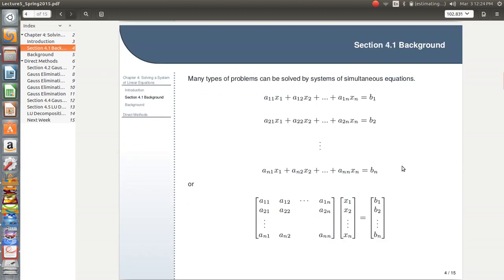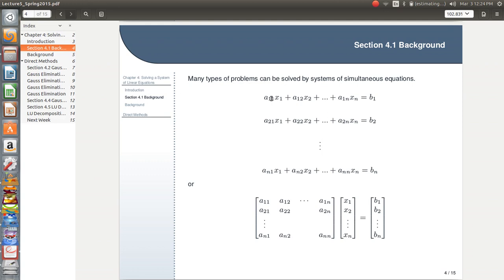So let's start out with just a little bit of background. In engineering, we often come across problems that can be described as a series of simultaneous equations. These equations would then be broken up into things that have a coefficient and a variable. We will number those coefficients in such a way that we can readily identify them with the equation they're part of and with which variable they go.